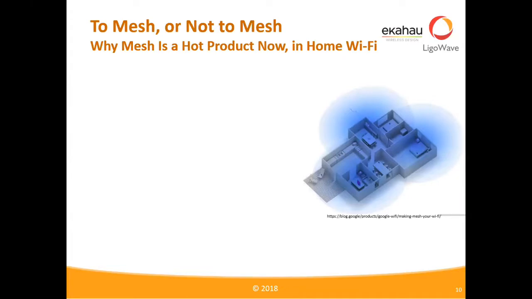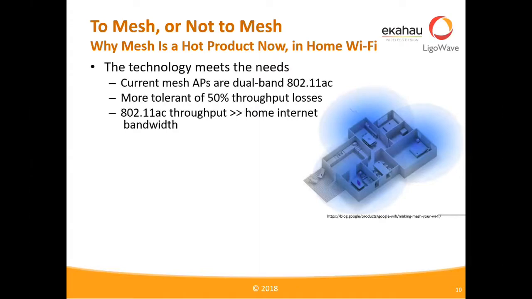So if mesh was such a bad idea then, why is it such a hot topic now? Especially in the home Wi-Fi space. It turns out that the technology actually meets the need for home networks. Now, we've come a long way in the last 10 years, and we now have 802.11ac on the 5 gigahertz.